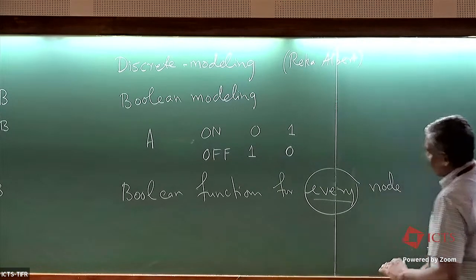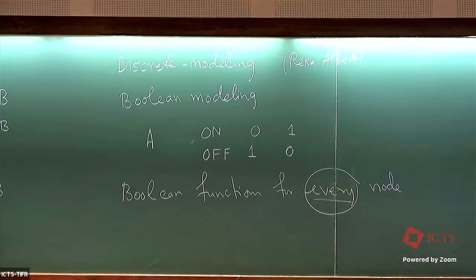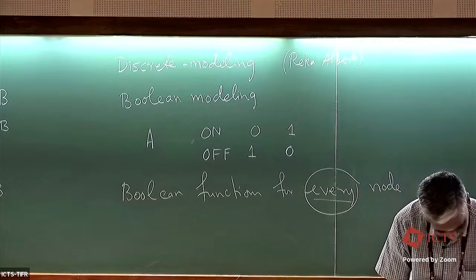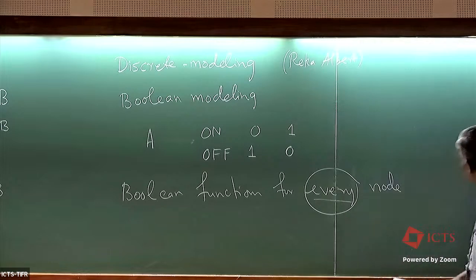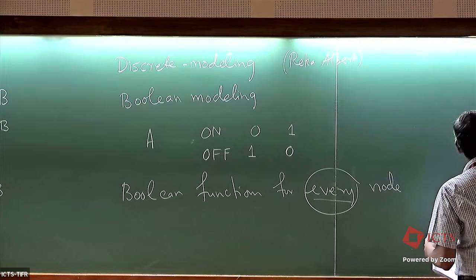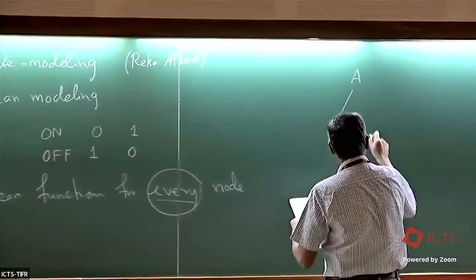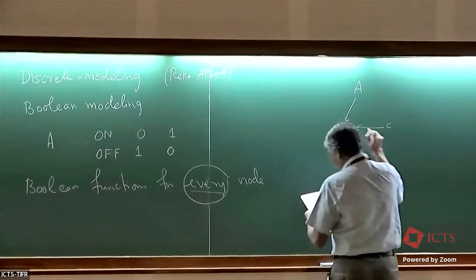So in order to define this function, I'll start with a specific motivating example, which is taken from Rekha Albert's work. And with that, we'll build the entire framework. It's a very simple toy network. There are 3 nodes here.